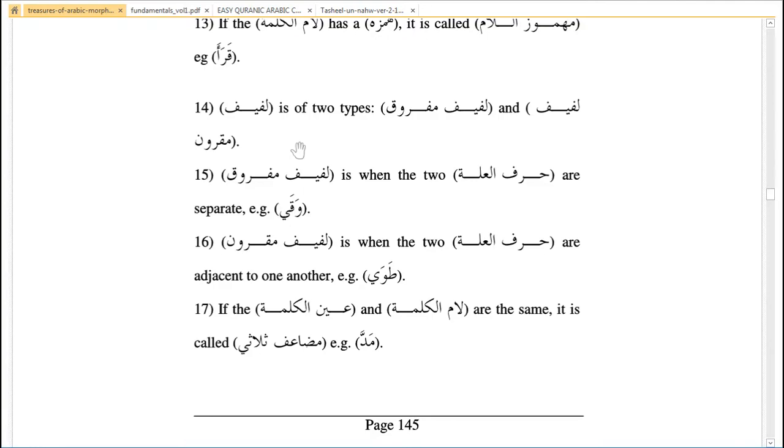And I said there are two types of Lafif: Lafifi Mafruq and Lafifi Maqroon. Lafifi Mafruq is the regular one, when there are two huruf illa, for example, waqaya.